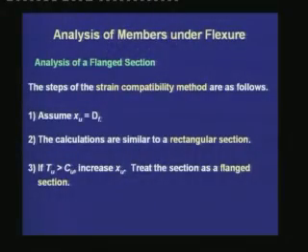Now, with XU equal to DF, the calculations are similar to a rectangular section, which we had seen in our previous class. That means, from the assumption, we find out a compressive force in the flange, we get the strain in the prestressing steel from the compatibility relationship, from which we get the stress using the design stress strain curve. We calculate the tension in the prestressing tendon.